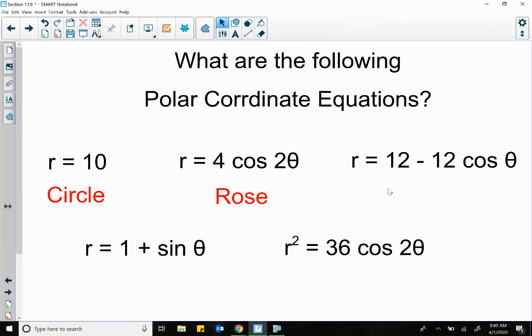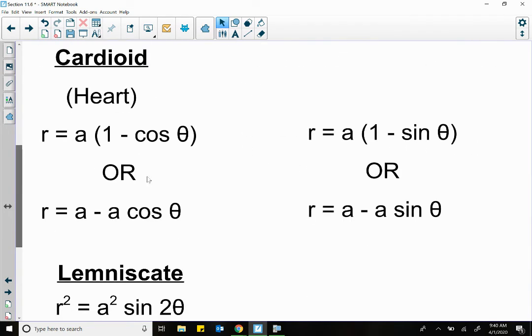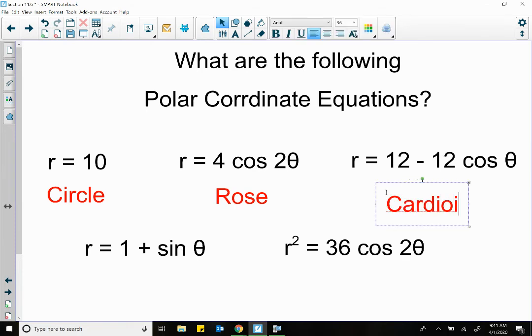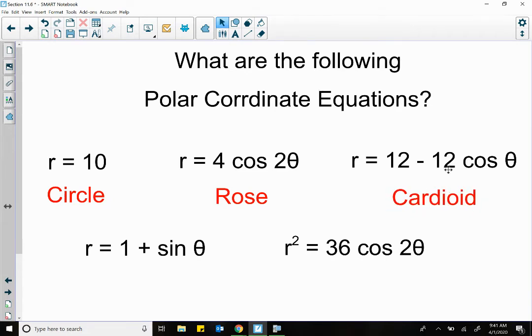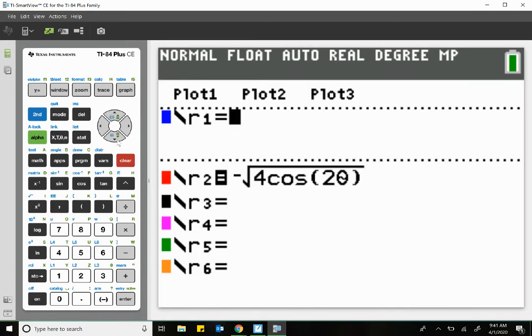This one right here, hopefully you said this is the heart, the cardioid. See, it's got that same format: a, same number. Look right over here, 12, same number. Cardioid. And again, you can go into your calculator and graph that. But what about this one? What is this? If you weren't sure, just go to your calculator. Clear this out.